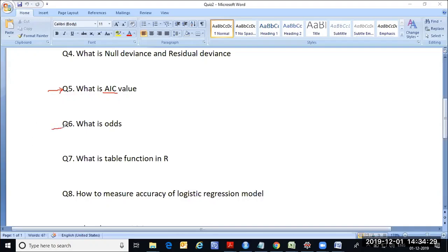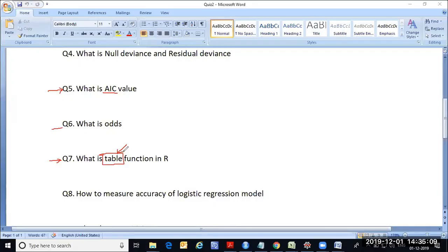We already looked at this question. So what is the table function? Why do we use the table function in R? To form a table, which table? Estimated coefficients. No, Praveen. Why do we use the table function?